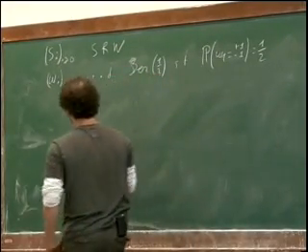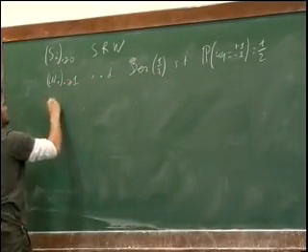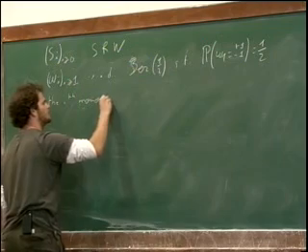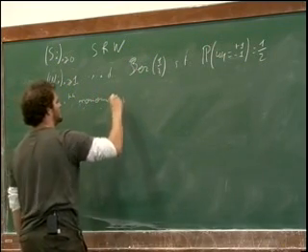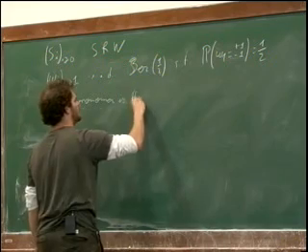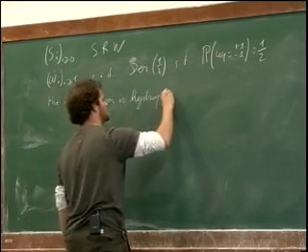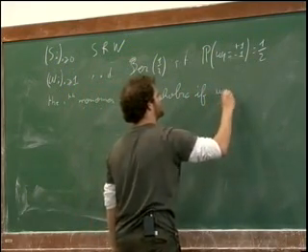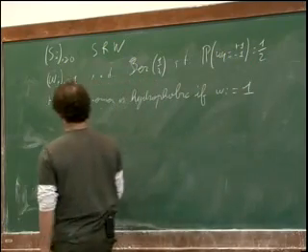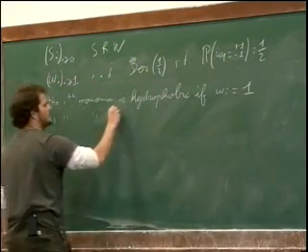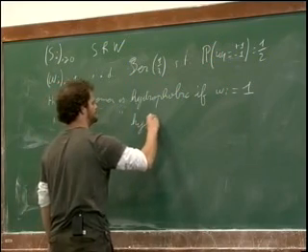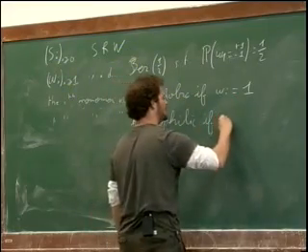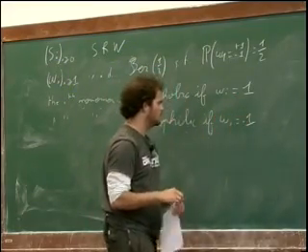And then the monomer is of type hydrophobic if omega i is equal to 1, and hydrophilic if omega i is equal to -1.